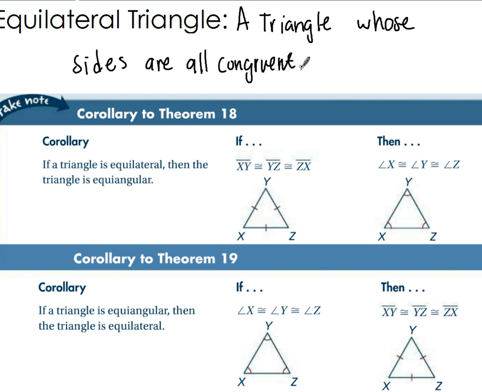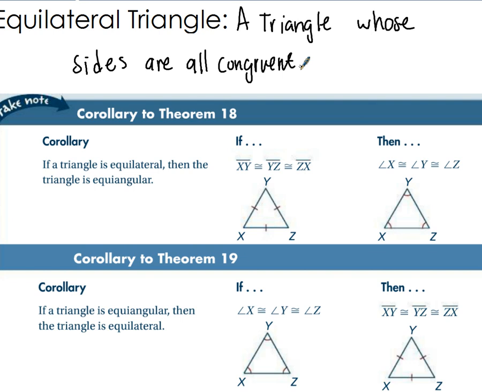So we've talked about isosceles triangles where at least two sides are congruent. An equilateral triangle is a triangle whose sides are all congruent. Since triangles have three sides, that means an equilateral triangle is a triangle with 3 sides that are congruent.